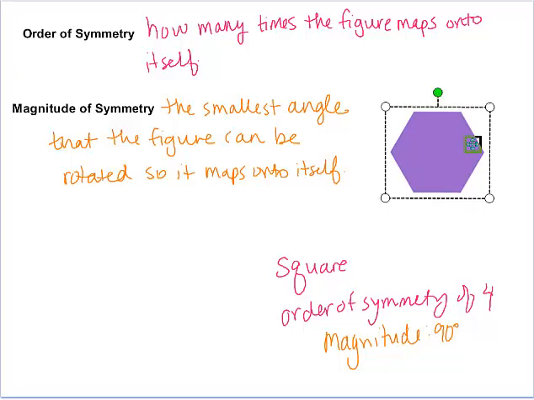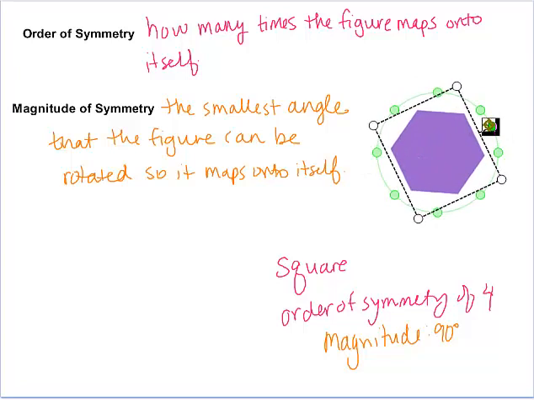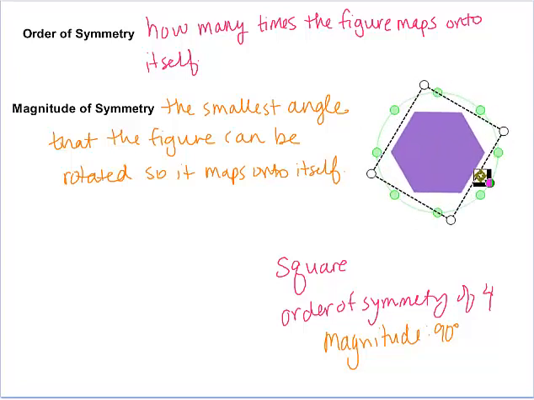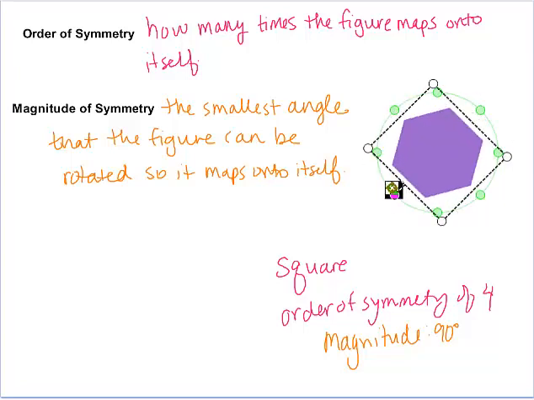Okay. So here we'll do another quick example. Here we have a hexagon. Okay, it's 6 sides. So the order of symmetry is how many times can we rotate this and get itself back. So here we start it, and we can rotate it, and there would be itself back, so that's 2. Itself back 3. Itself back 4.